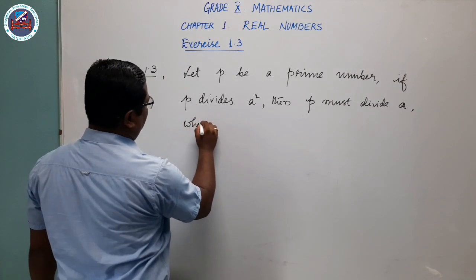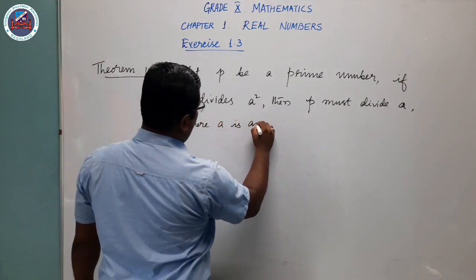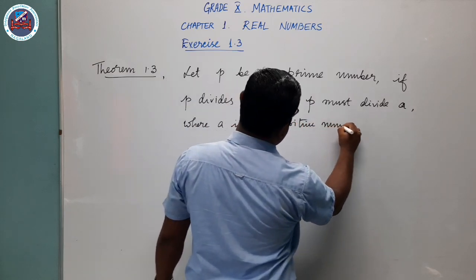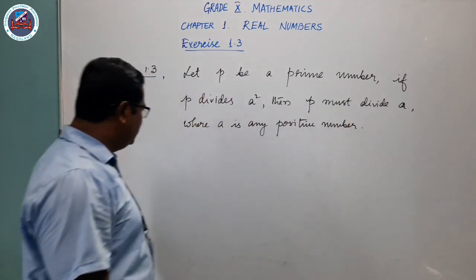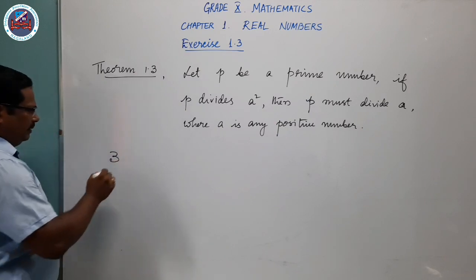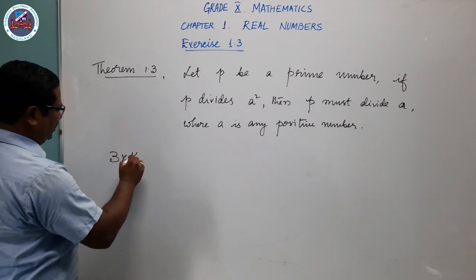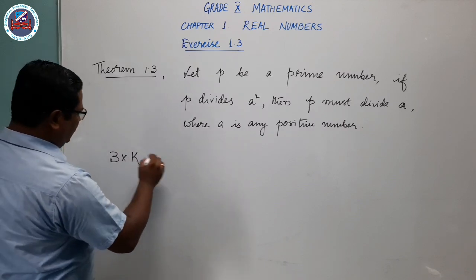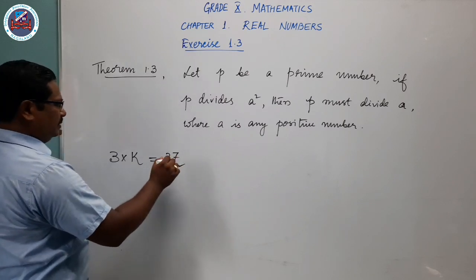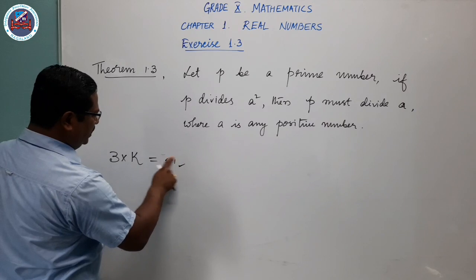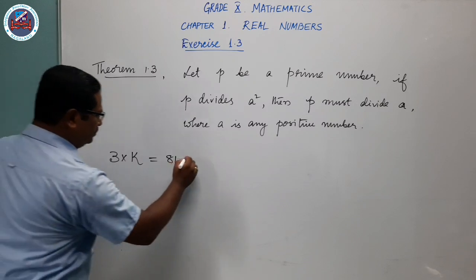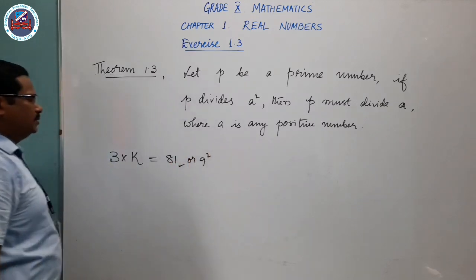Suppose P is 3, and let us take a square number, say 9 squared, which is 81. This is your A square.